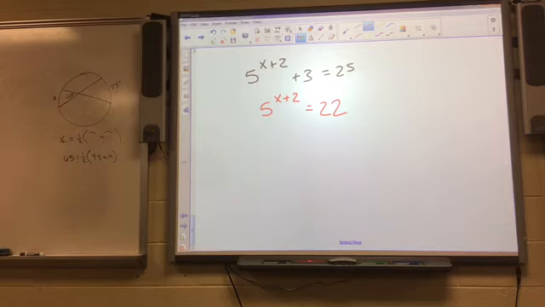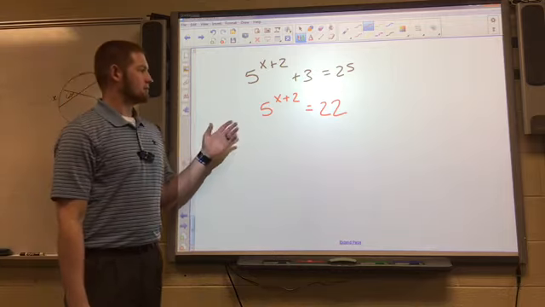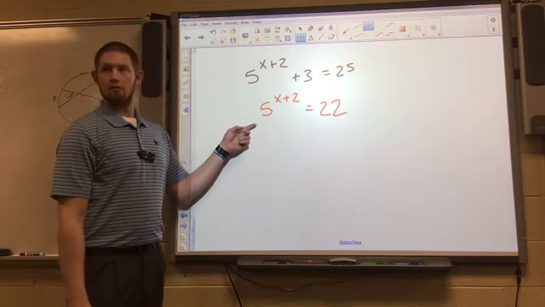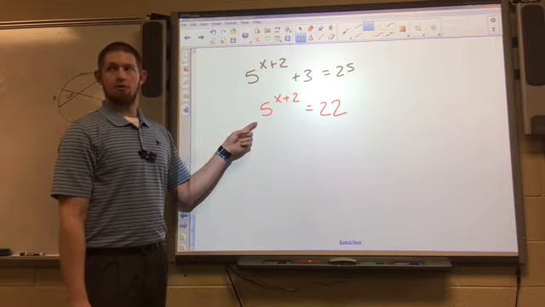Alex, what does my base have to be on my logarithm to bring my exponent down? Yeah, so it's going to be log base what? 5.